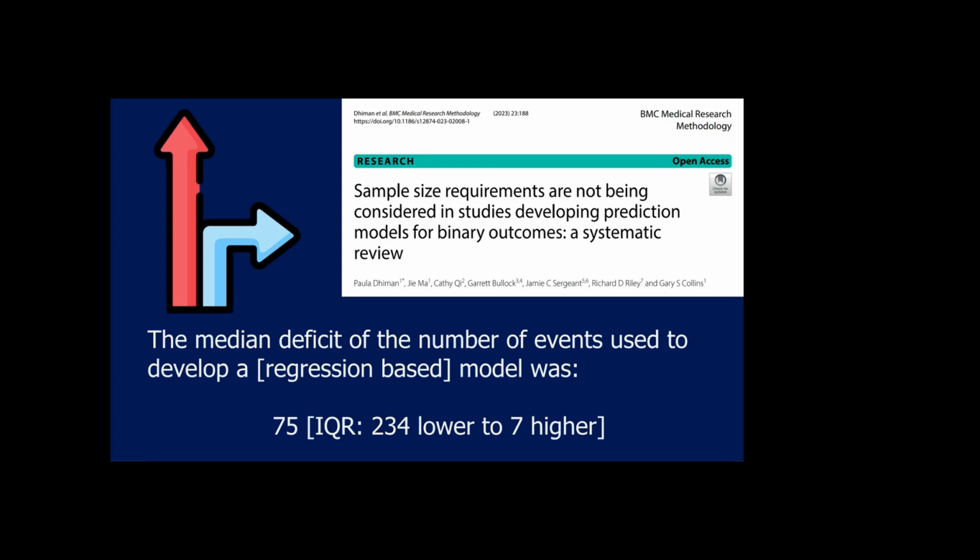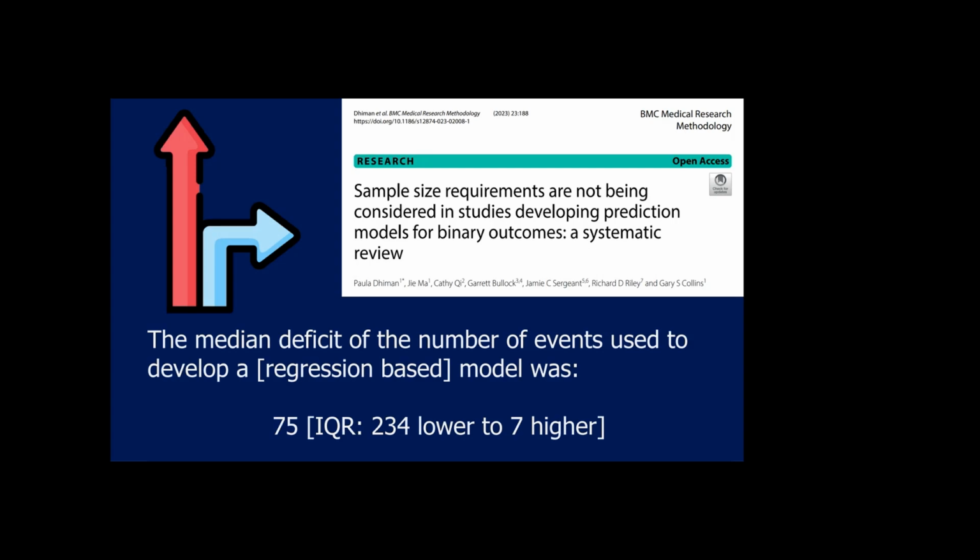Whereas in the machine learning realm we're about 302 events too short when developing our models, with the regression-based models we were 75 events too short.